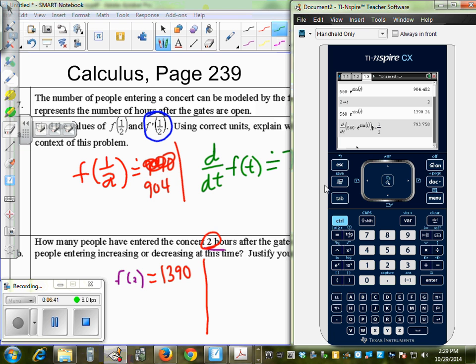Okay, now at 2 hours, they want to know the same thing. I am going to Control C copy this, back up, change that to a 2. All right.